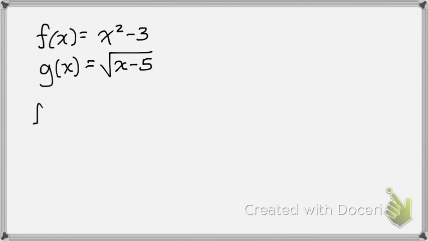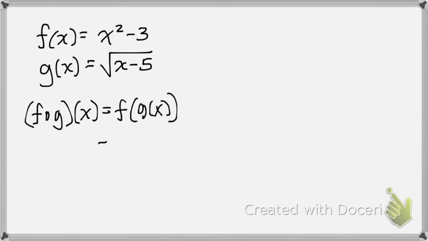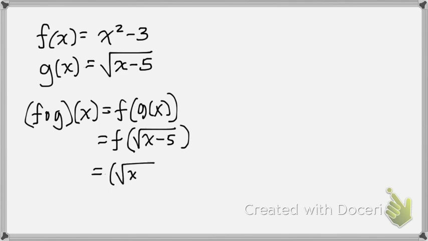Then the composition, f composite g of x, is f of g of x, which is f of the square root of x minus 5. I plug the square root of x minus 5 into the function f.